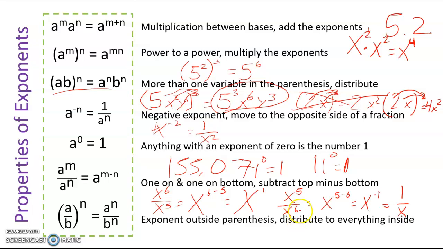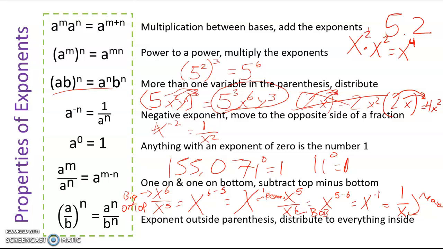Kind of a rule of thumb, whenever you're subtracting numbers from top and bottom, if it's bigger on top, it's going to remain on top. If it's bigger on bottom, I'm going to go B-O-B, Bob. If it's bigger on bottom, then it's going to move to the bottom.